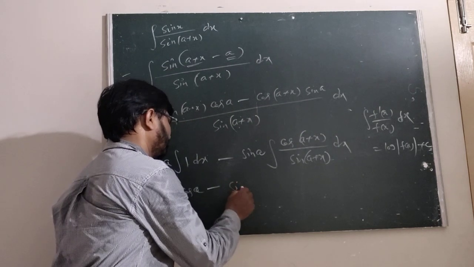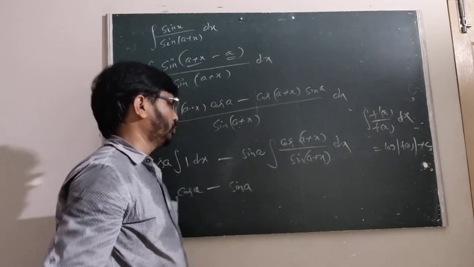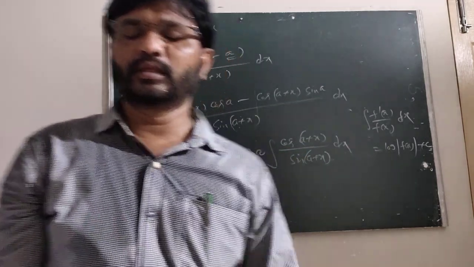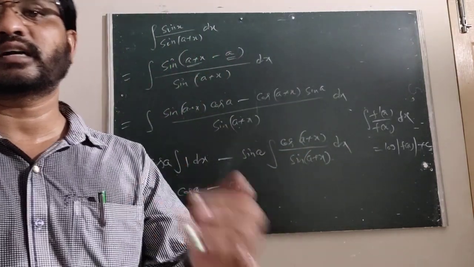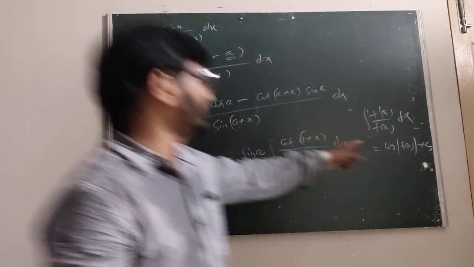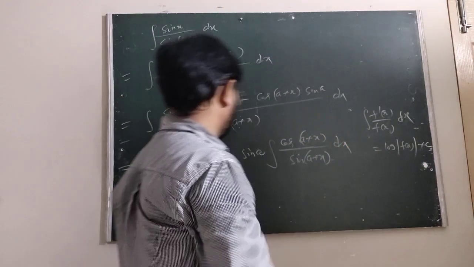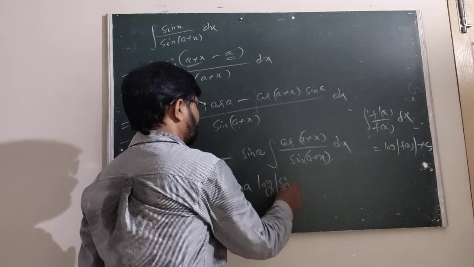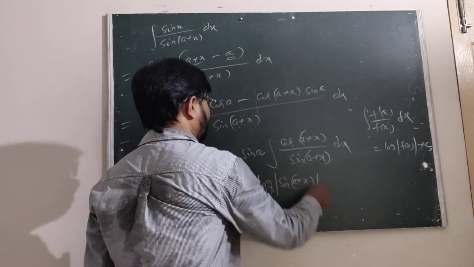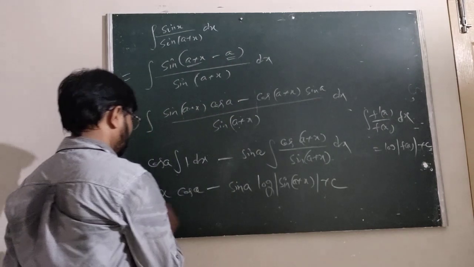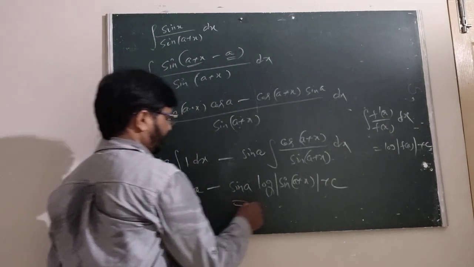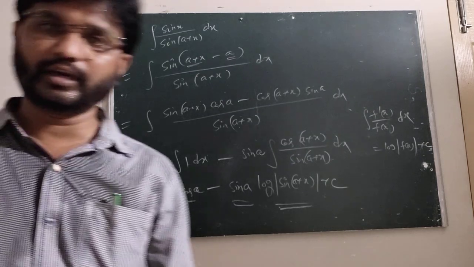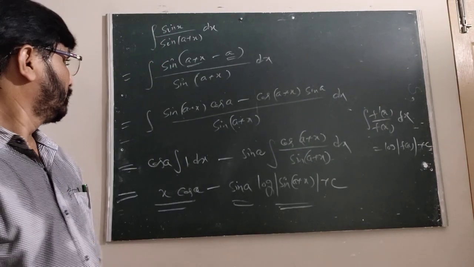Sin a into the derivative of sin of (a plus x), which is cos of (a plus x). Therefore that is log mod of f of x, which is log mod of sin of (a plus x) plus c. This is the answer: x cos a plus sin a into log mod of sin of (a plus x) plus c. Okay.